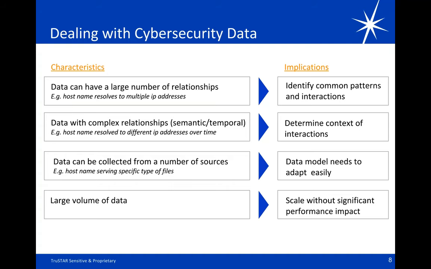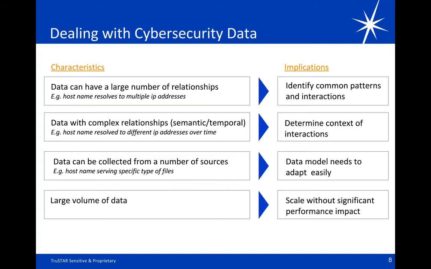The second characteristic is that the data can have a lot of complex relationships. And when I say complex, this can be both in terms of semantic relationships as well as temporal relationships. Some of the relationships that cybersecurity data forms within itself can have different meanings depending on the time as well.